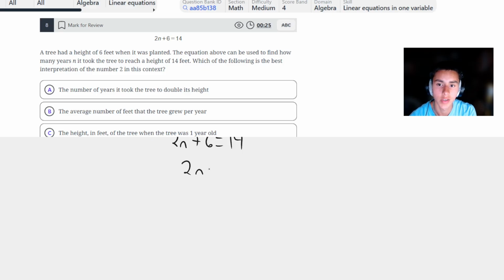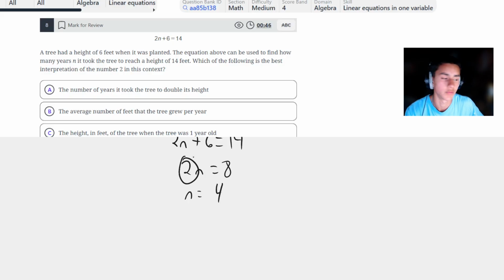So that means after 2n, it grew 8. n represents how many years it took the tree, so it took 4 years for the tree to grow to that height. But it's asking for the interpretation of 2. So the 2 in this equation is the slope, and it represents growth. In this situation, it would be the average number of feet that it grew per year.